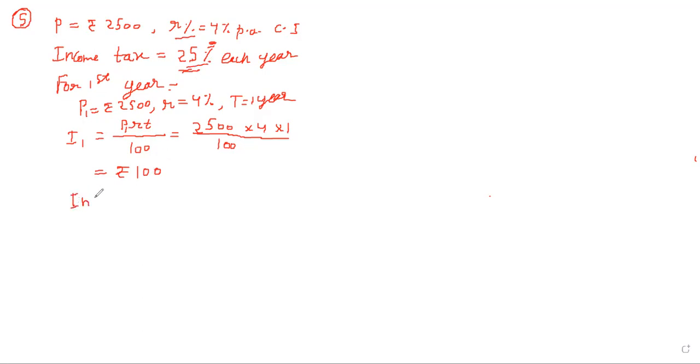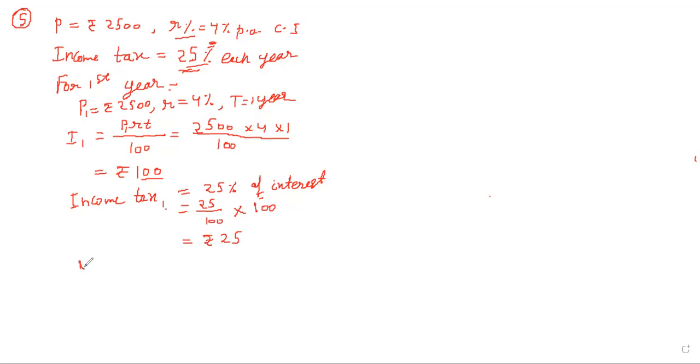So first we find the income tax for the first year, denoted by income tax 1, which is 25 by 100 of interest, that is, multiplied by interest. The 100 cancels out, so the income tax is rupees 25.